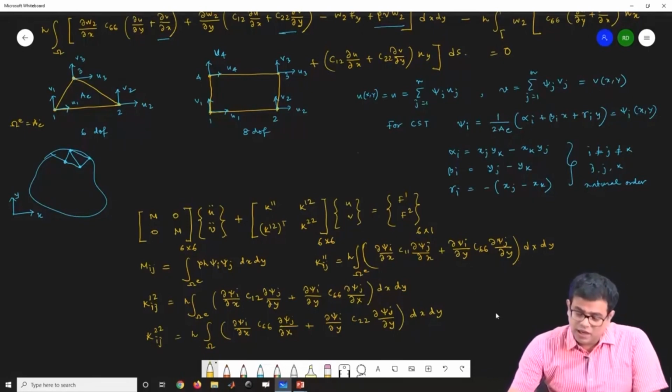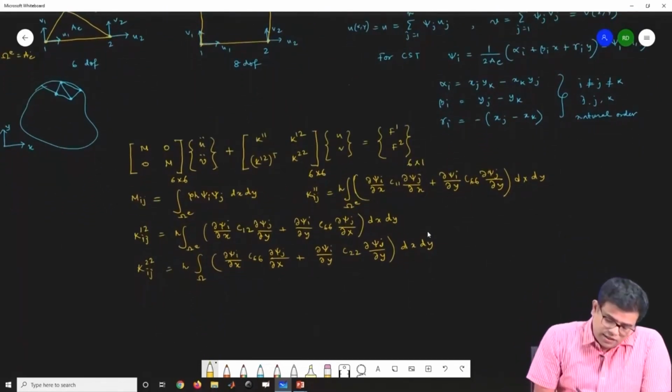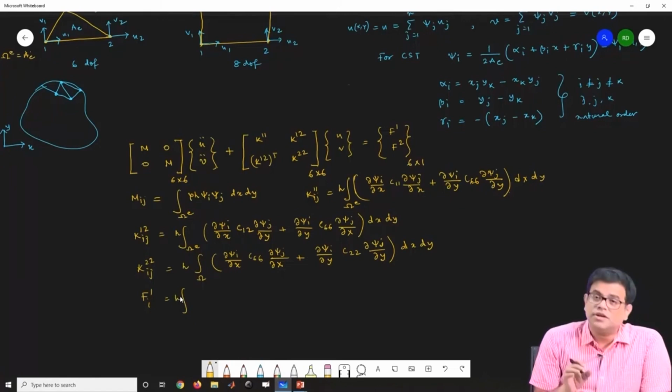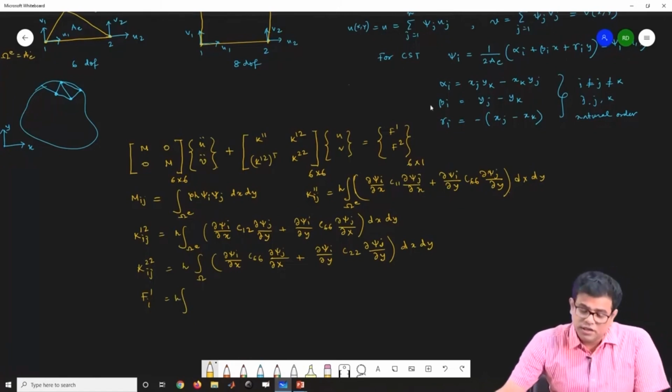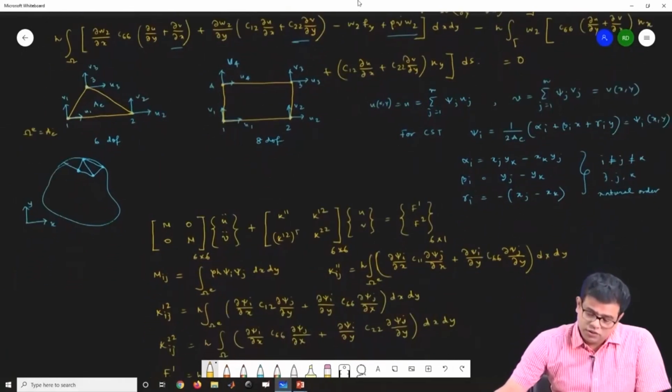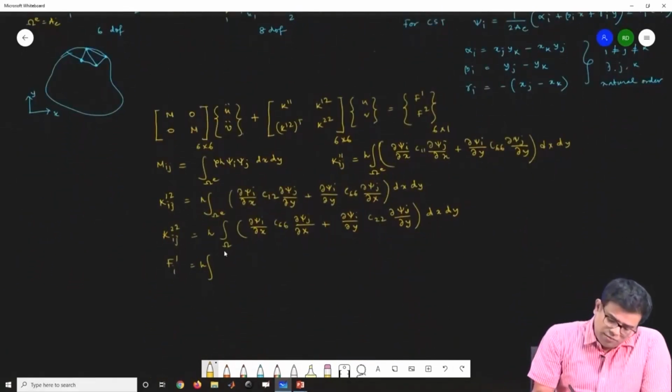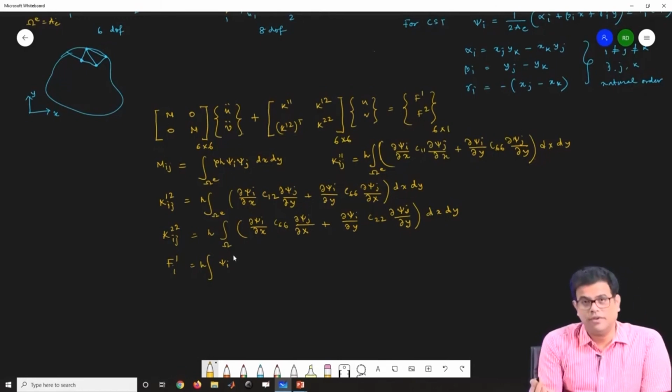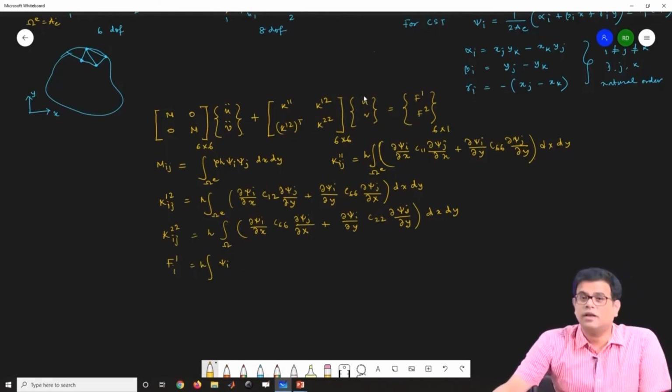Now you will have the force vector. The force vector F1I will contain again h. The first integral will be due to the body force. That body force term is given here, W1 Fx, that is psi I Fx. Fx can be a function of x, Fx can be a function of y, or Fx can be a function of both, or Fx can be constant.